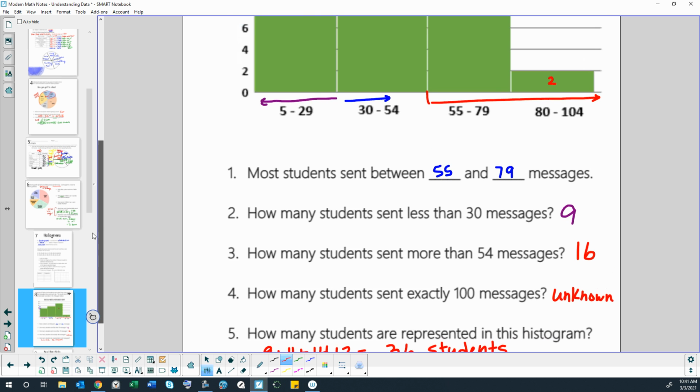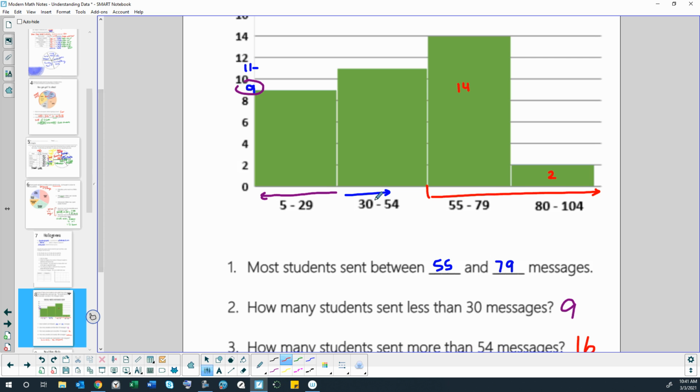Now, when you do your Khan Academy assignments, you might get some other questions like, how many more students sent 55 to 79 messages than students that sent 30 to 54 messages? So that answer would be 3 because there's a difference between 14 and 11 of 3, right? That would be how many more students. So look for questions like that on Khan Academy.